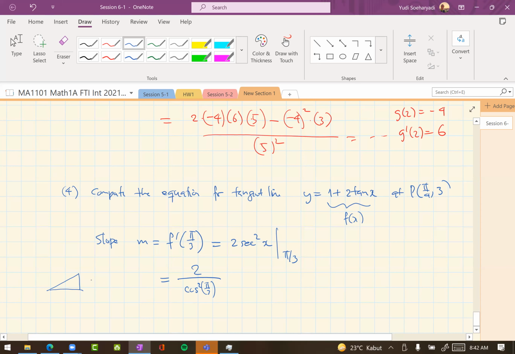This is a triangle with sides 1 and 2, and this one here is the square root of 3. So the cosine is 1/2.